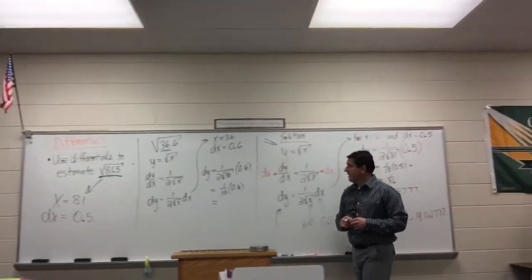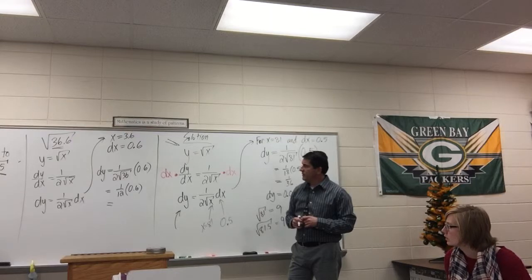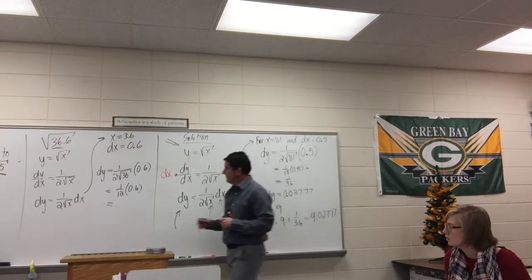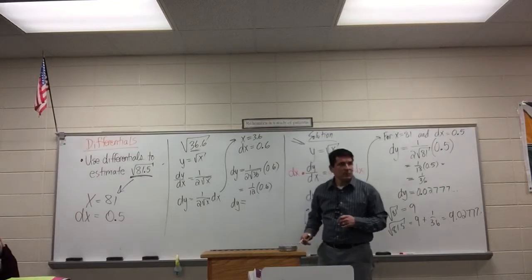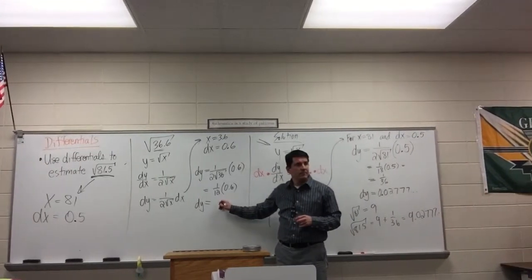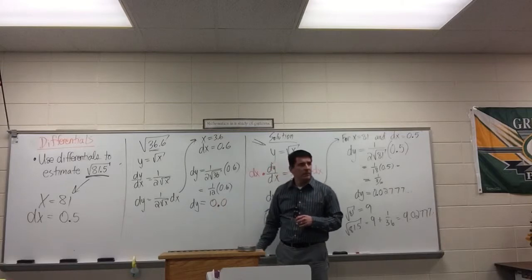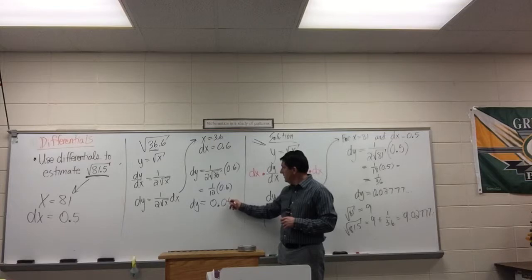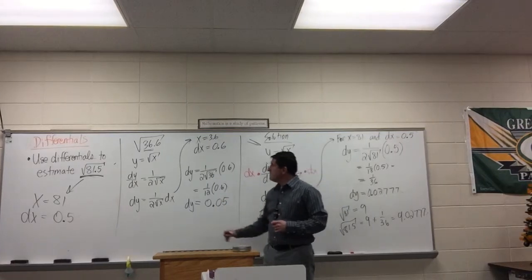Okay, we're running out of time here. What's 0.6 divided by 12? What'd you get? 0.05. So that's the estimate.